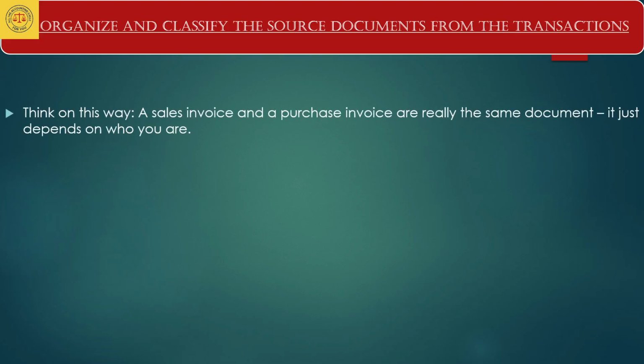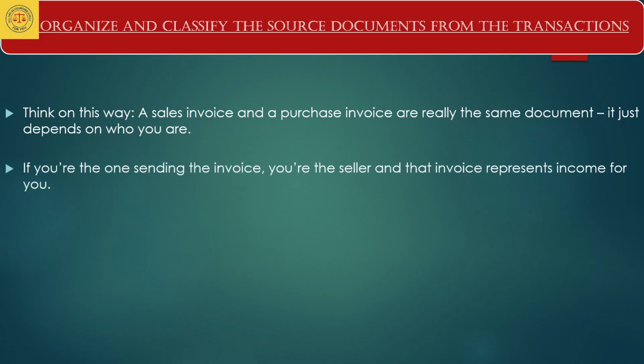Think in this way. A sales invoice and a purchase invoice are really the same document, and it is. It just depends on who you are. If you are the one sending the invoice, you are the seller and that invoice represents income for you.